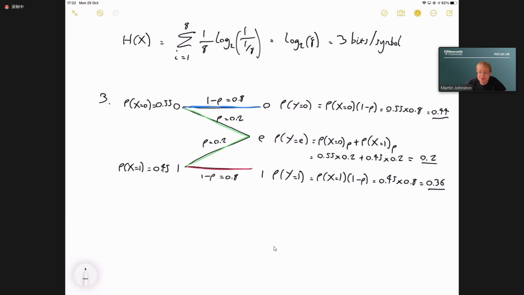The next question is to determine the source entropy. That's very simple. That's just a binary entropy function.